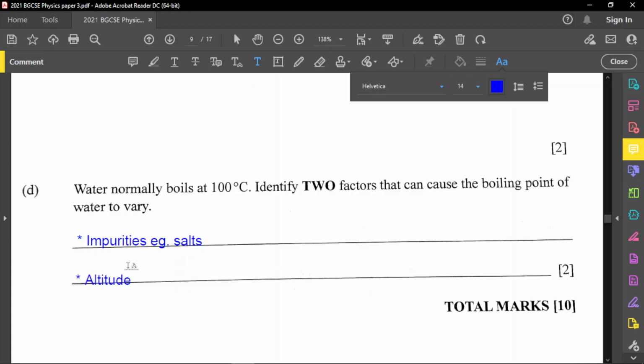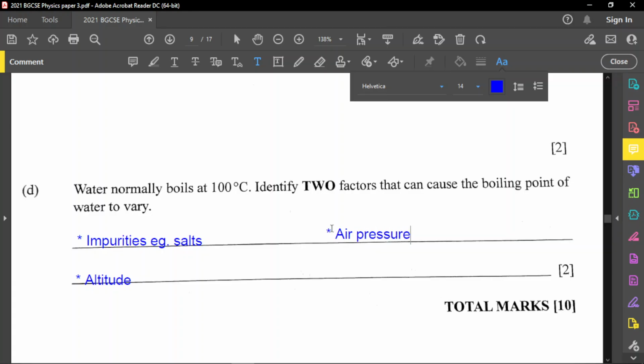Altitude will change the boiling point of water as well, because as altitude changes, the air pressure also changes, and that will also affect how the convection actually takes place. And so another possibility here is also air pressure, which is kind of tied into altitude as well.